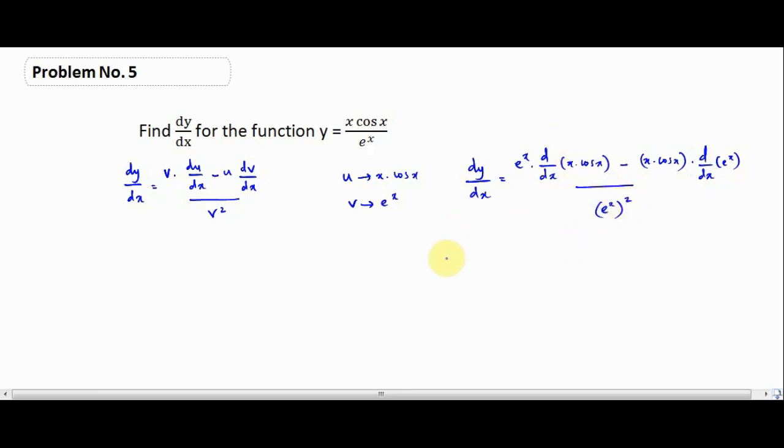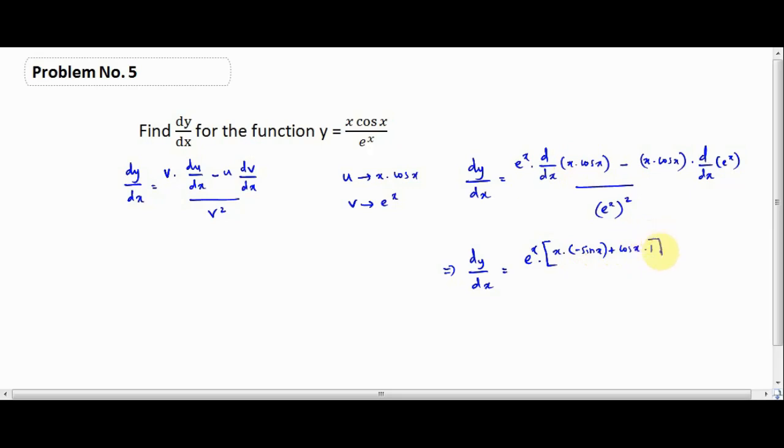Okay, now this implies that dy by dx will be equal to e raised to x into, here we have d by dx of x into cos x. So here we have to apply product rule. Okay, so we will get the derivative as e raised to x into x into d by dx of cos x, that is x into minus sin x, plus cos x into d by dx of x, so that is 1.